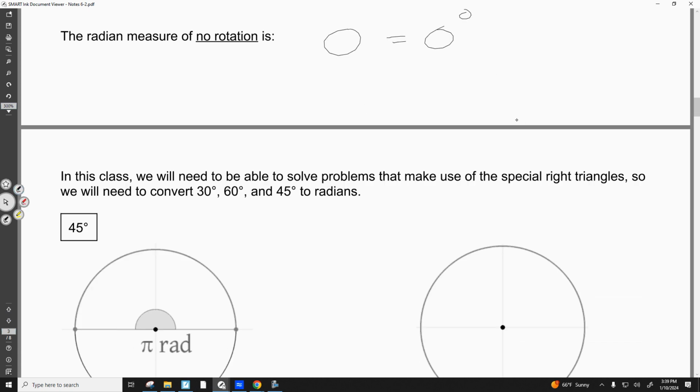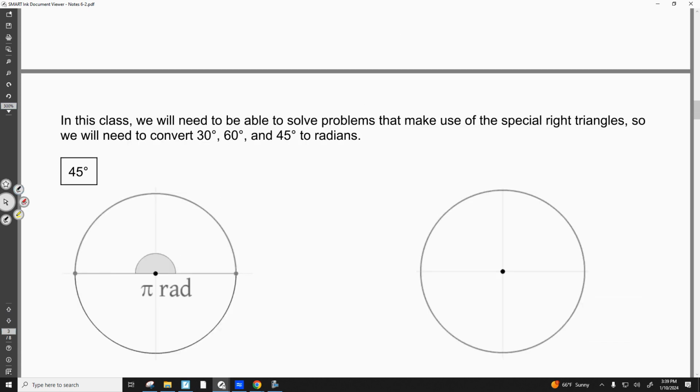For example, let's look at radian measurements whose reference is 45 degrees. Now, that means we're talking about this angle, 45 degrees away from the x-axis. This angle, 45 degrees away from the x-axis. This angle in the third quadrant, 45 degrees away from the x-axis. And this angle in the fourth quadrant, 45 degrees away from the x-axis.